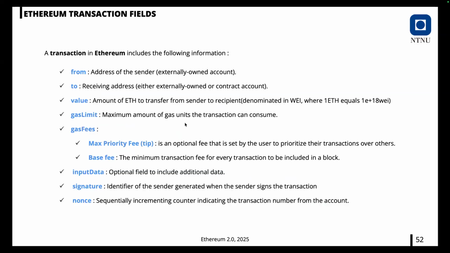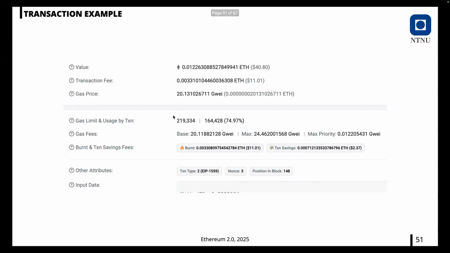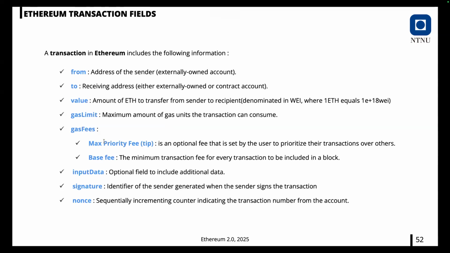Yeah, so the transactions are pretty straightforward. It's the address of the sender, the address of the receiver, and how much value is being transferred. This can be zero, it does not have to be an actual value. Then the limit, which is the total that can be burned. And then you have the fees.